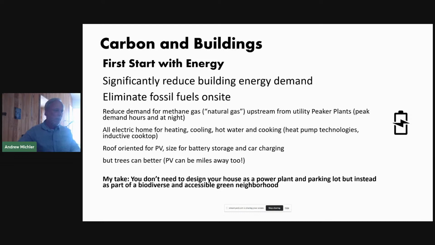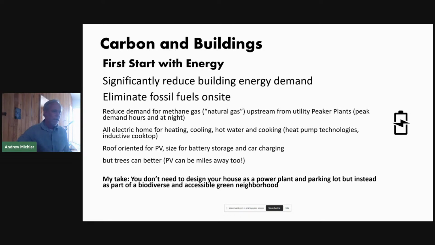We're doing swap outs with new equipment, of course, which is readily available now. But we also have to be very careful that we're not just upstreaming that problem, because we're still using natural gas quite often, especially at peak times, meaning when everybody's using power at the same time. We're typically using natural gas plants to provide that power. So we want to be conscious that we're still looking at the overall energy usage of the building.